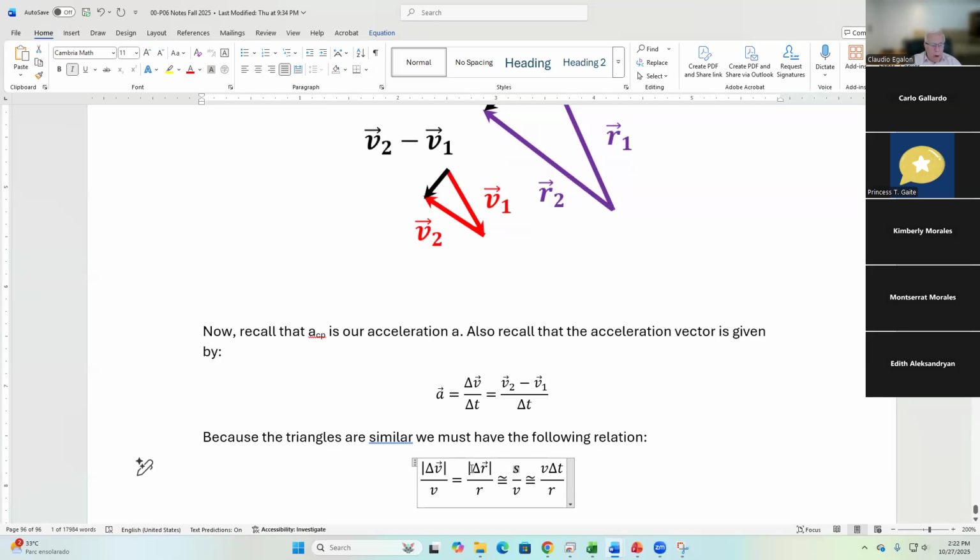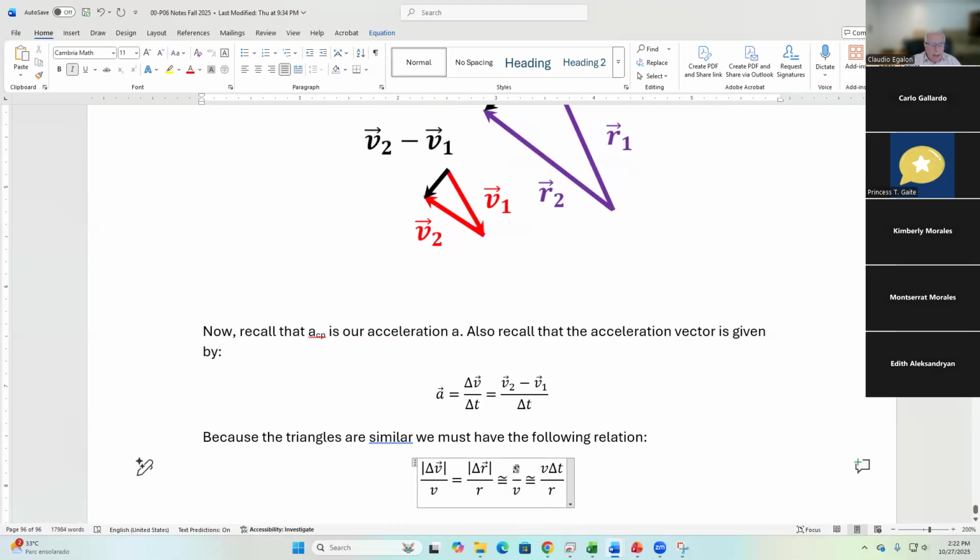And the smaller the delta R, the closer it will be to S. S is going to be slightly greater than that, but if you shrink this angle between R1 and R2, make it small enough, then we can apply this approximation.